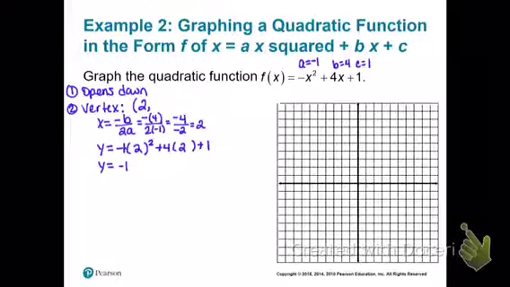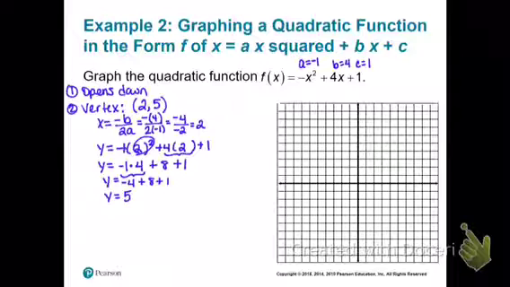So we're going to have negative 1 times what's 2 squared? 4. Plus what's 4 times 2? And then bring down your plus 1. What's negative 1 times 4? And then bring down your plus 8 plus 1. Combine them all together, add them all, and we get 5. So I know my vertex is going to be 2 comma 5.